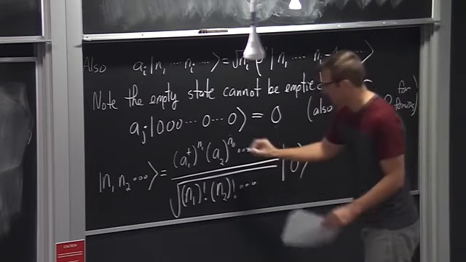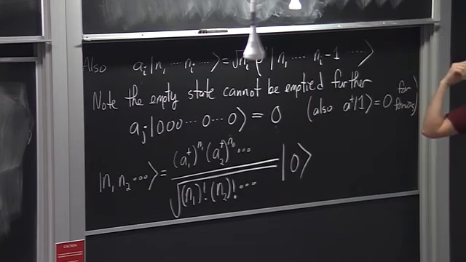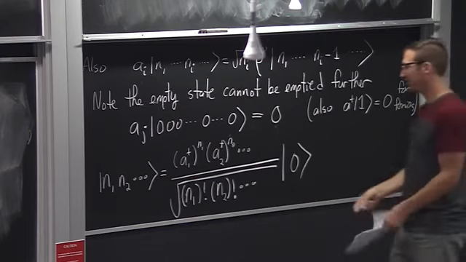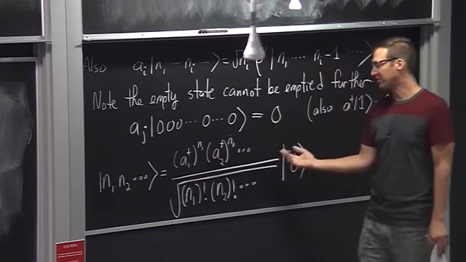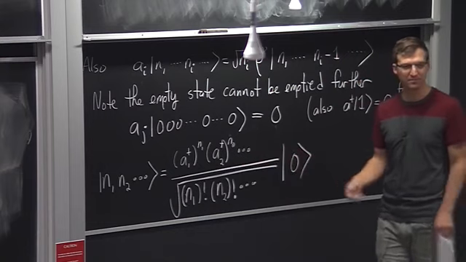So these all have to be creation operators, sorry. So any general second quantized state, if you want to call it that, is written as the product of a whole bunch of creation operators applied to the vacuum, properly normalized.